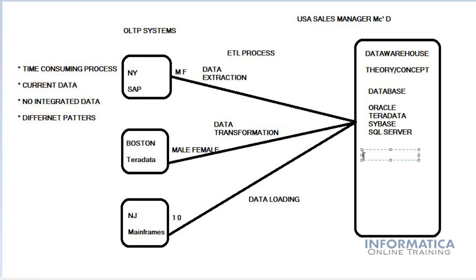Since all the transactions are loaded into the data warehouse, we call it integrated data. So we have the integrated data present here, and we call the data historical data. So what is meant by historical data?